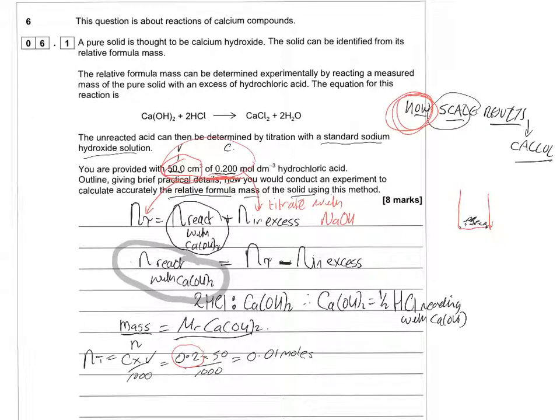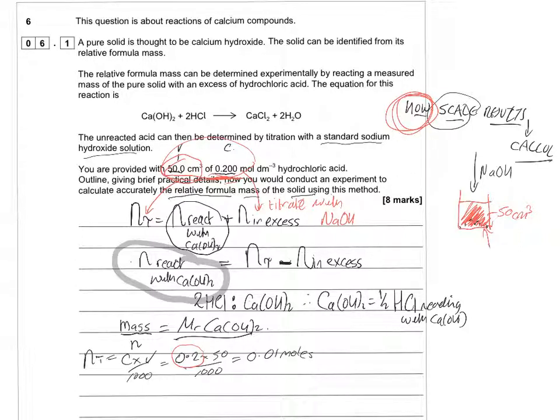You're then going to dissolve that in 50 cm cubed of hydrochloric acid. So you're going to have to titrate the mixture that's in this beaker. So for that reason, sodium hydroxide must go into the burette.